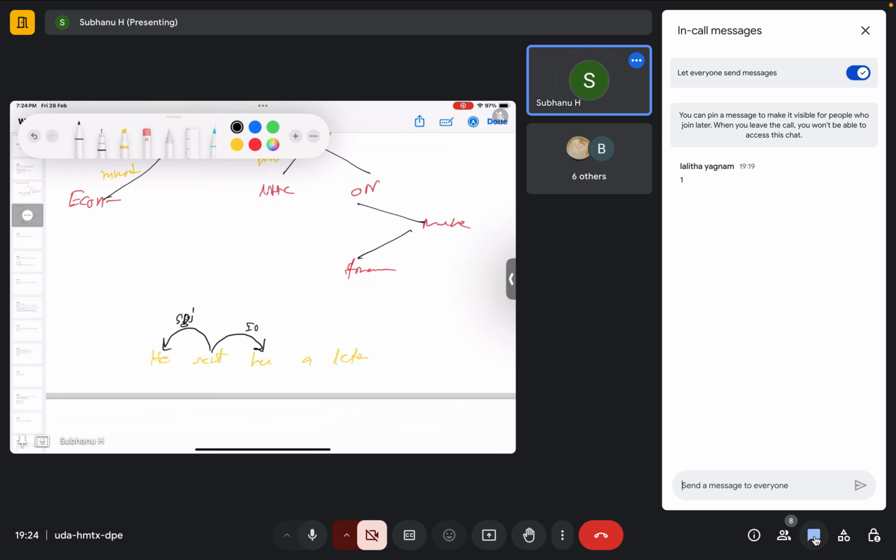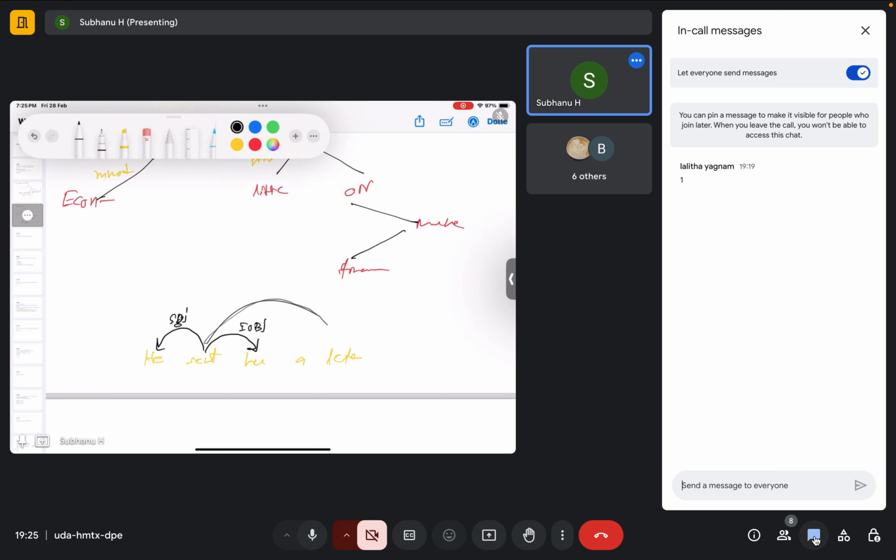Then this is the object, then this is the object, letter. Then we have a punctuation, this is the full stop. Okay.